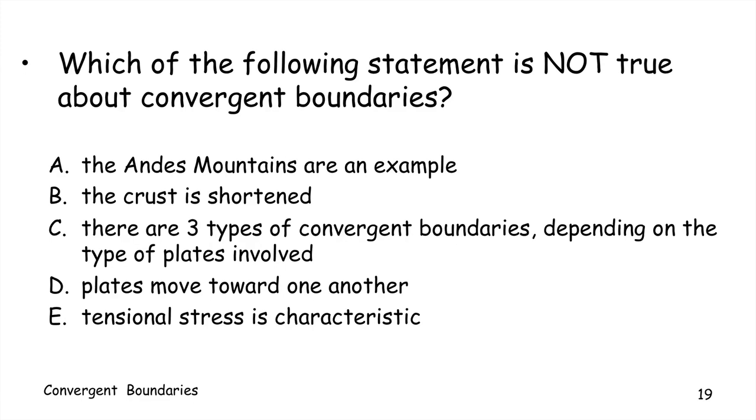Yes, the compression process shortens the crust. There are 3 types of convergent boundaries, depending on the type of plates involved. That is true. Plates move toward one another. That is true as well. Tensional stress is characteristic. That's the one that is not true because we need compression to form a convergent boundary.